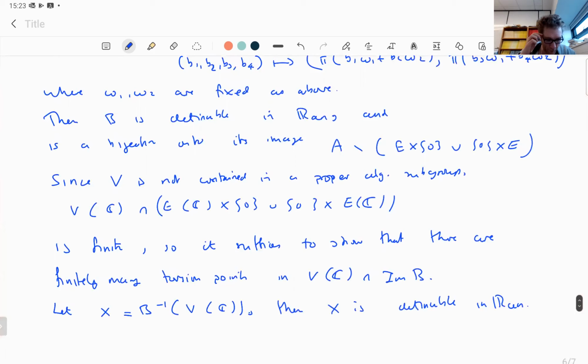Now, if I take a torsion point of order n on V, then its pre-image under B is a rational point of height at most n.